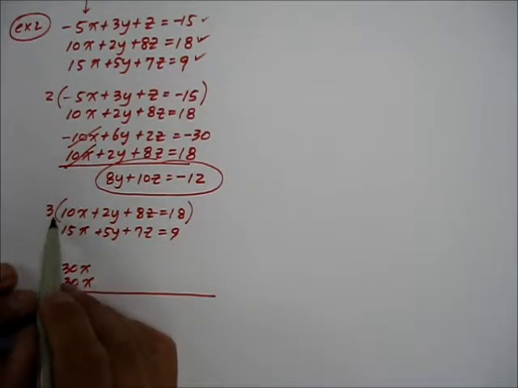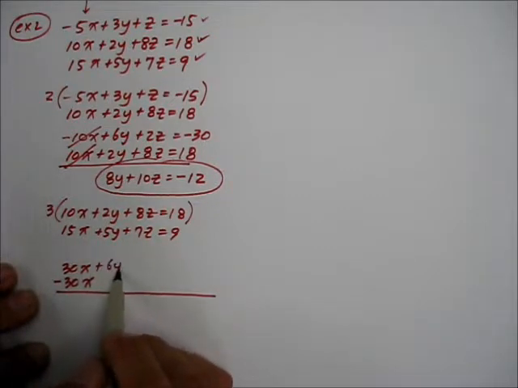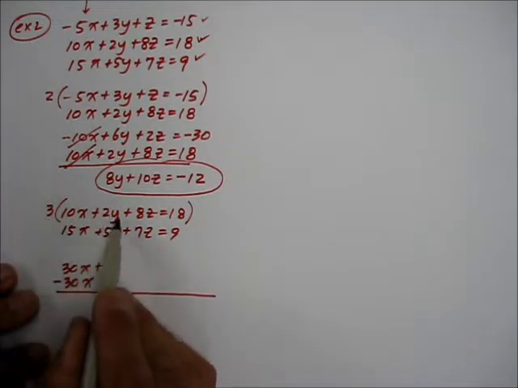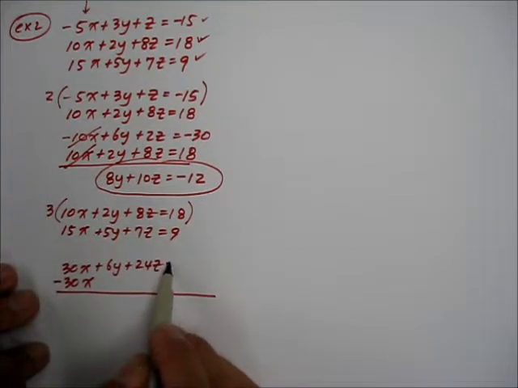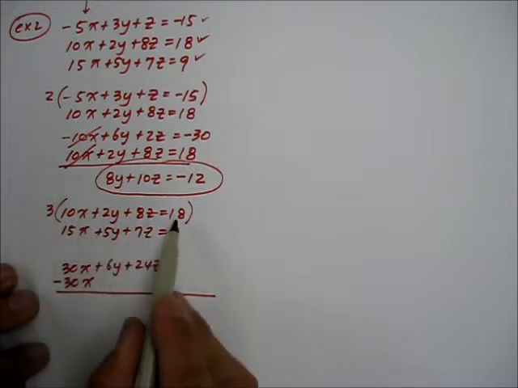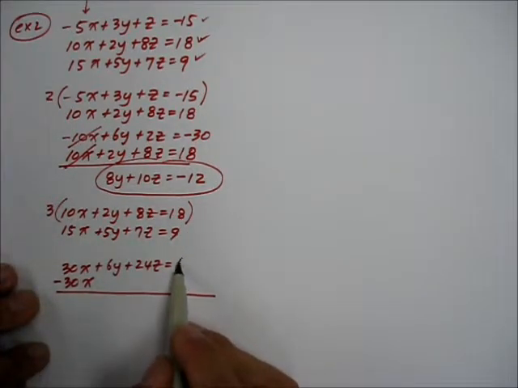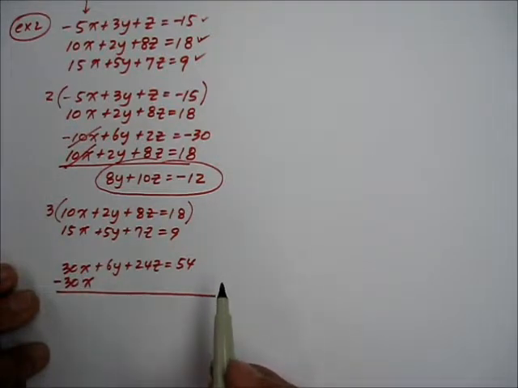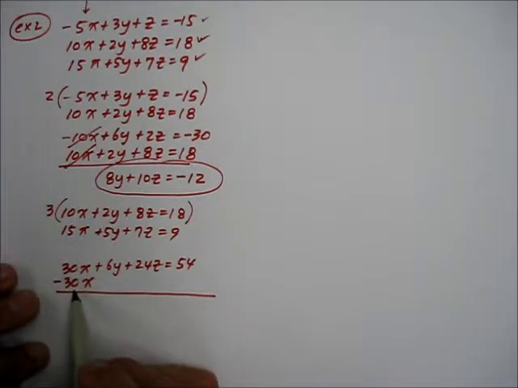As a result, 3 times 10x is 30x. 3 times 2y is positive 6y. 3 times 8z becomes positive 24z. And 3 times 18 is going to be 54. And now, how does 15x become negative 30x?